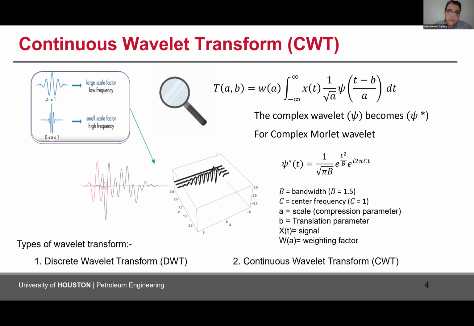This technology can be applied on any signal, which is data versus time or data versus depth or any data versus independent variable. This mathematical convolution can be done continuously over a range of scales and translations, and can be done on specific locations, which is discrete wavelet transform.